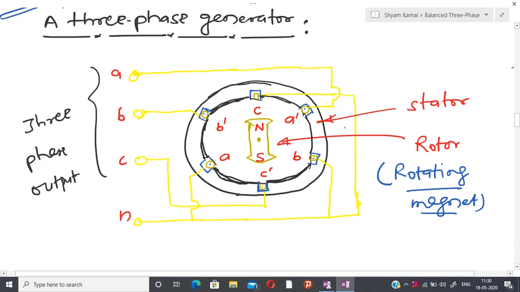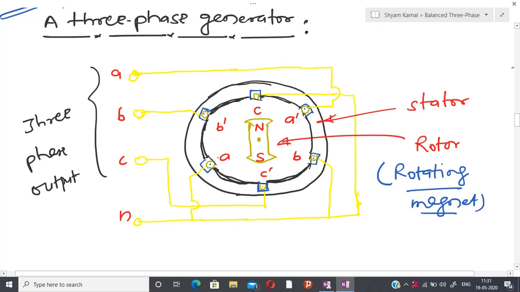And basically I have to produce three different phases. Due to that reason, there are three separate windings or coils with terminals, and here you can see that I have three terminals, A dash, B dash, and C dash, which are physically placed at 120 degree around the stator.